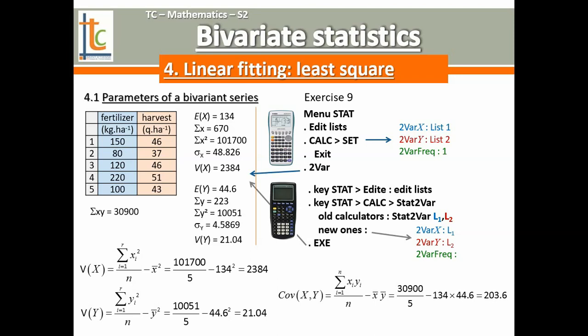A covariance can be positive or negative. It depends on the data series. So this is why there is no co-standard deviation. Okay, you can't always calculate the square root of a covariance if it's negative, of course. So what does the sign of the covariance mean? It's a bit like a derivative of a function.